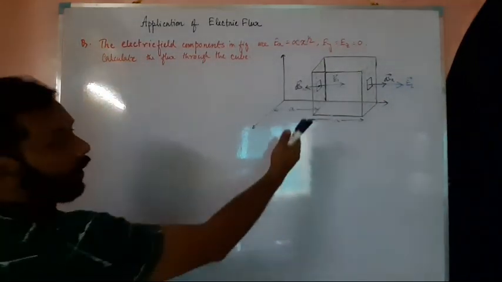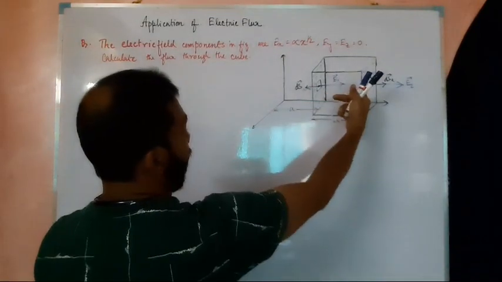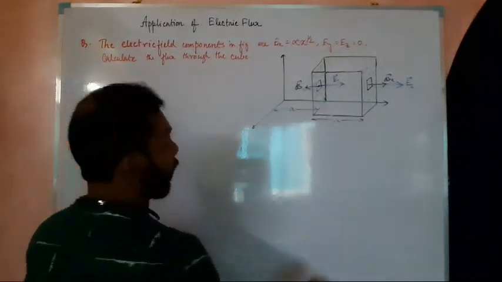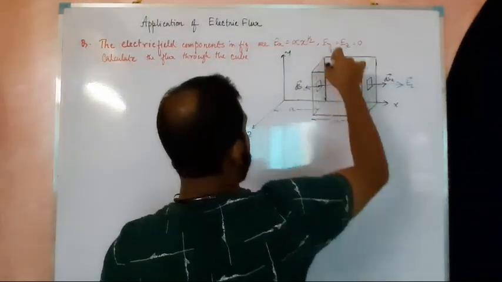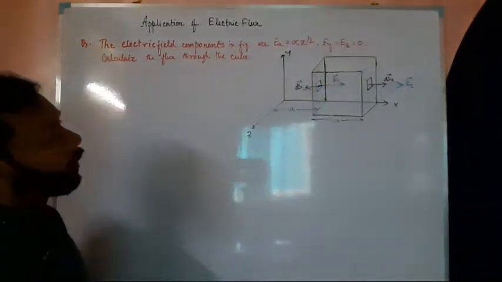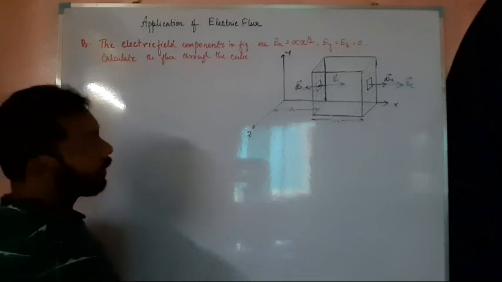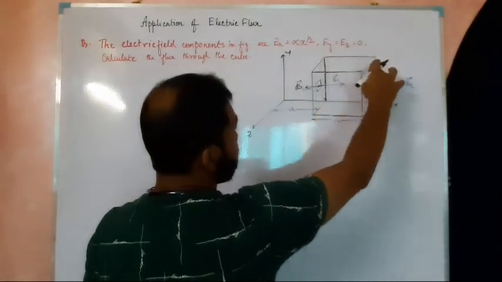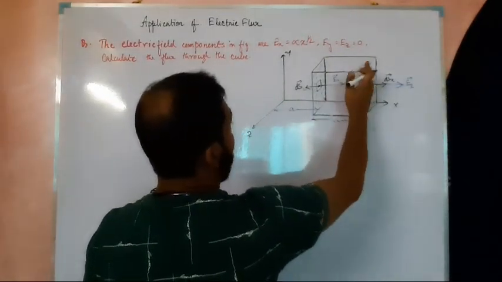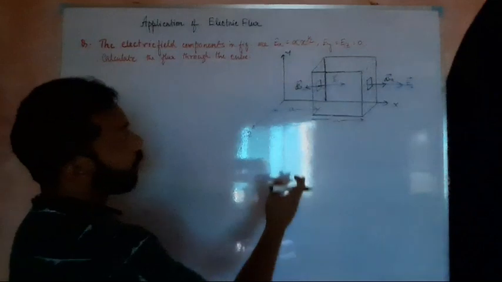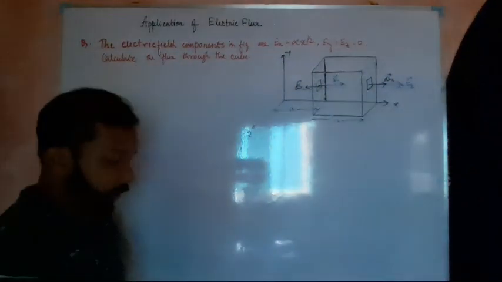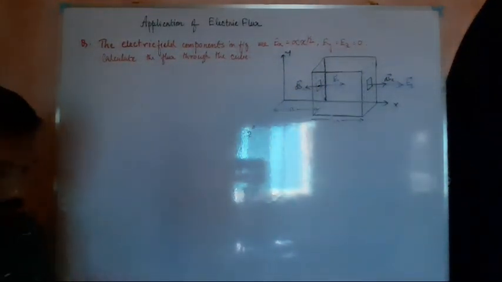That means there are no electric field vectors along the z axis and the y axis. This is the y axis, this is z. So there are only electric field lines in this direction, and the surface which is perpendicular to the electric field is shown in the dotted figure.